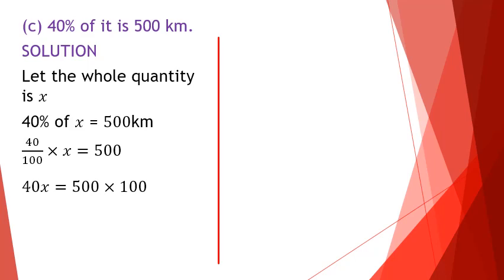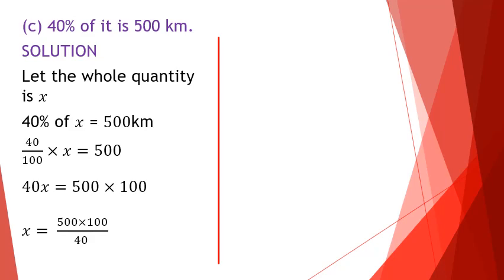Here the 100 is in the denominator. While shifting to the RHS, it will become multiplication. Therefore, x equals 500 into 100 whole divided by 40. So you can cancel 0 from the denominator and 1 zero from 500. So the numerator becomes 50 into 100 whole divided by 4.